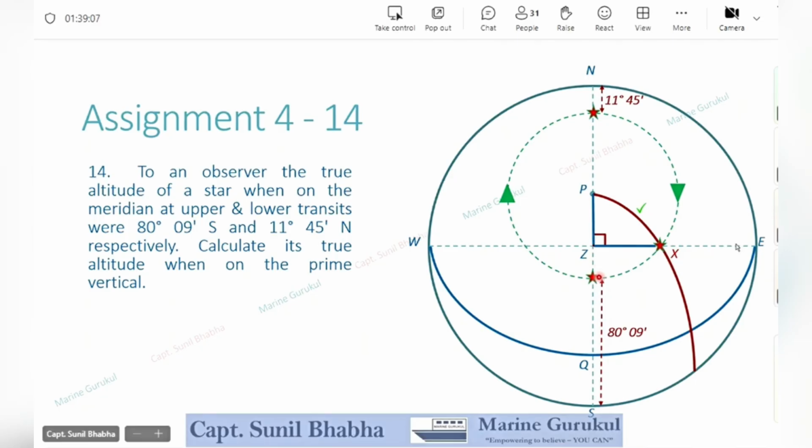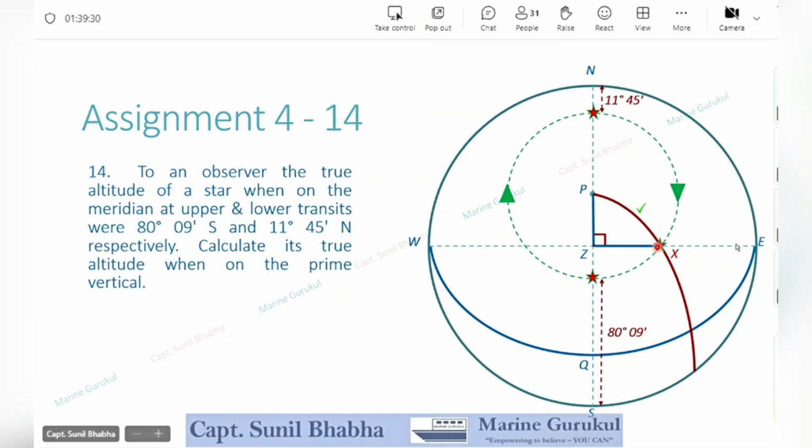The diameter will be 180 minus 1145 minus 8009, exactly similar to what we did in the previous questions. So when we half the diameter, we get the polar distance of the star, which is PX. So PX, the polar distance, is known to us.